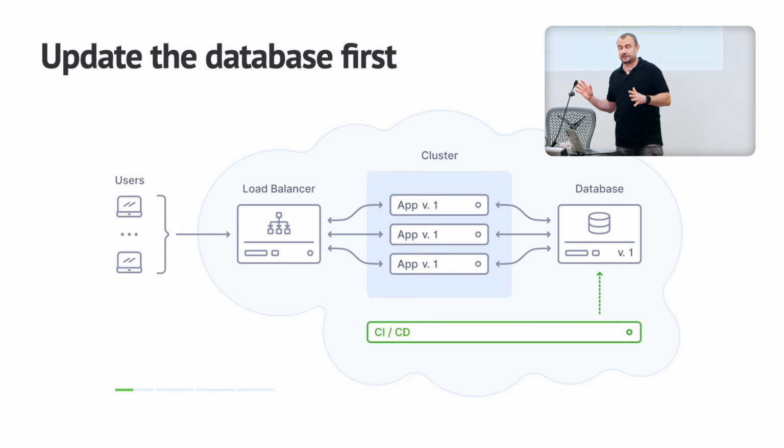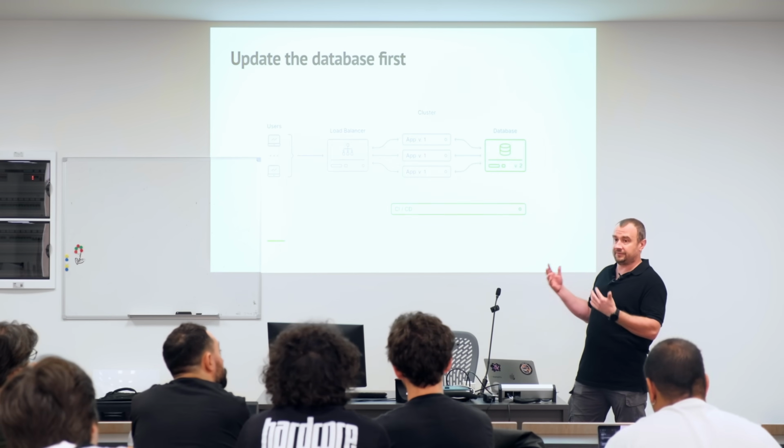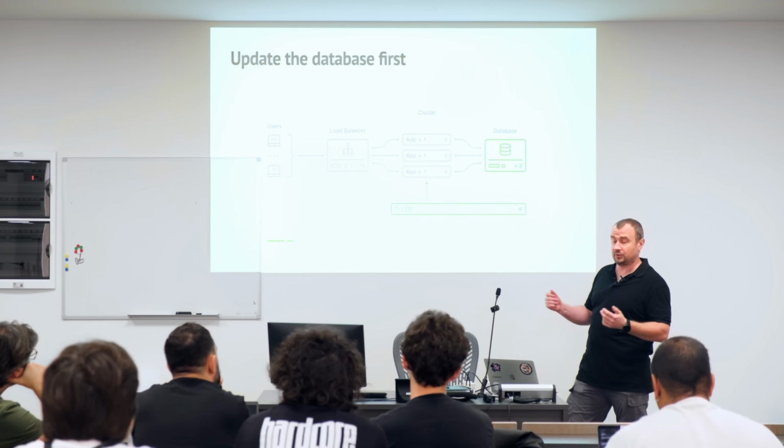When do we run these scripts? We need to run them before doing anything else. If you launch a new application version that requires the database to be updated, it needs to be updated first, right? If it's not updated, the new version will not work. So updating the database is the very first thing that we do.